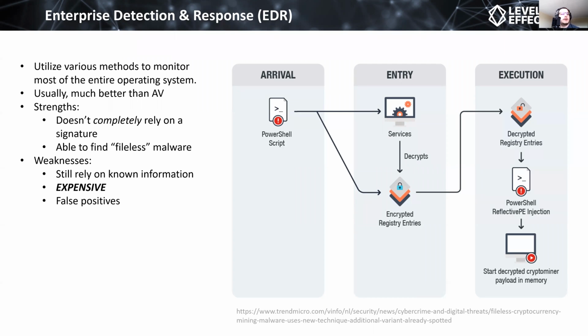How do EDRs work? They use pretty much the same methods, using signature-based stuff and heuristics, but they also tap more into the operating system. What I mean by that is, not only are they looking at the files and how processes generally execute, they're looking for other events and other triggers to notify them that something anomalous or something different is happening, something probably malicious.